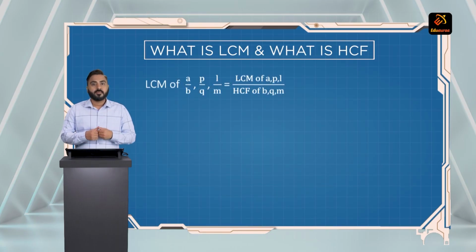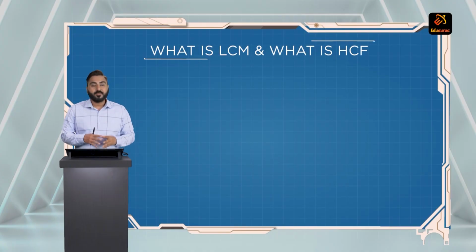Now students, the last part is, let's say LCM of A by B, P by Q, L by M is equal to LCM of A, P, L upon HCF of B, Q, M.